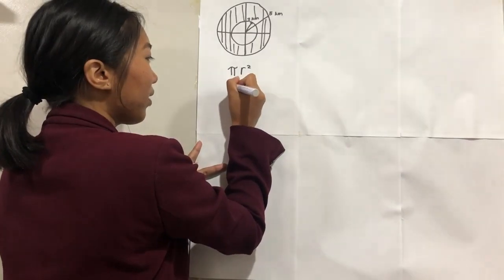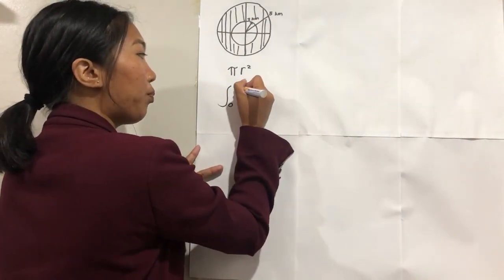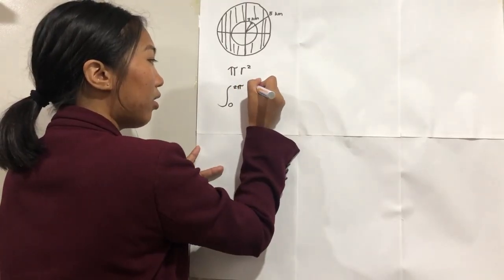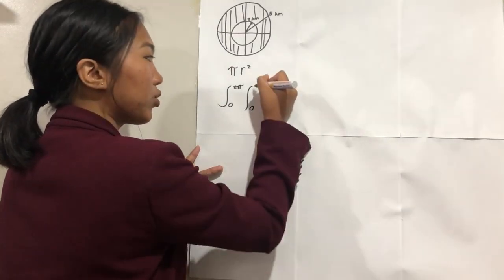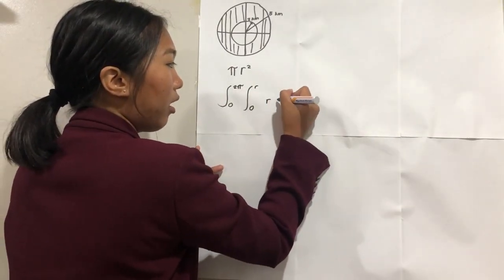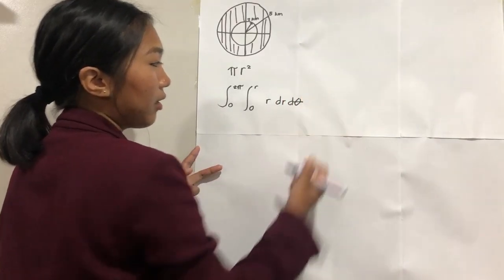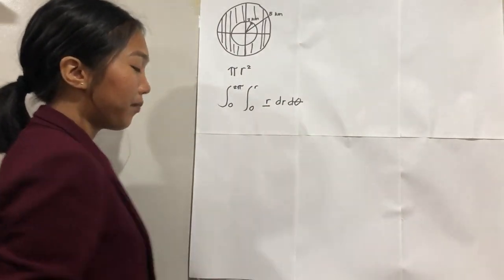So the area is the integral from 0 to 2 pi, and for the radius, the integral from 0 to r of r dr d theta. And we're going to integrate this with respect to r.